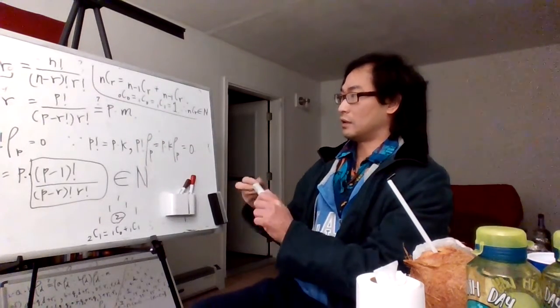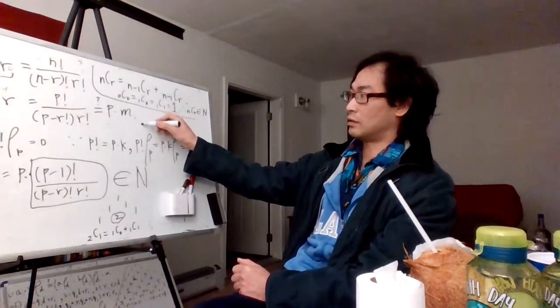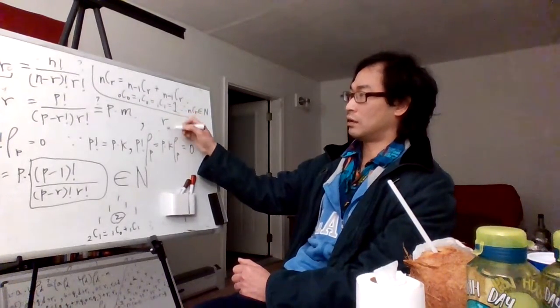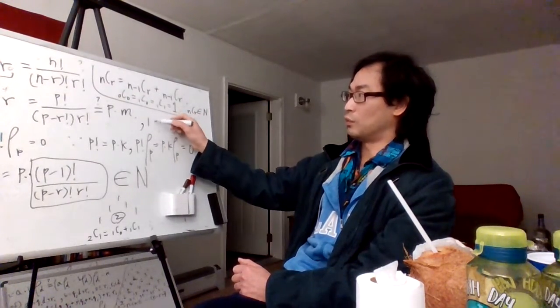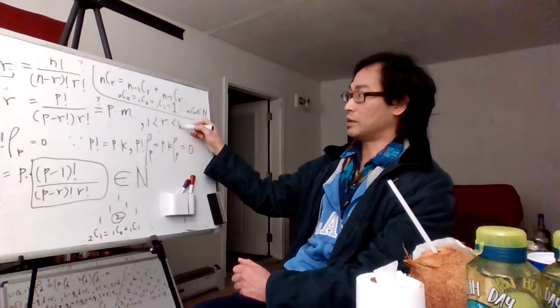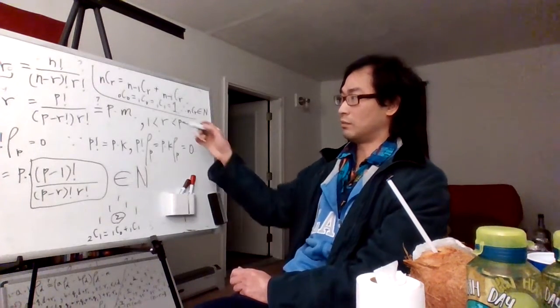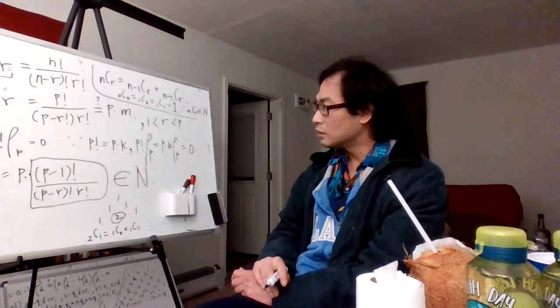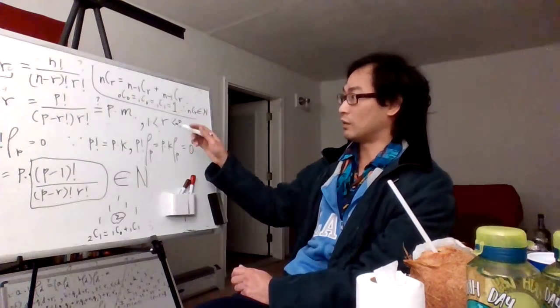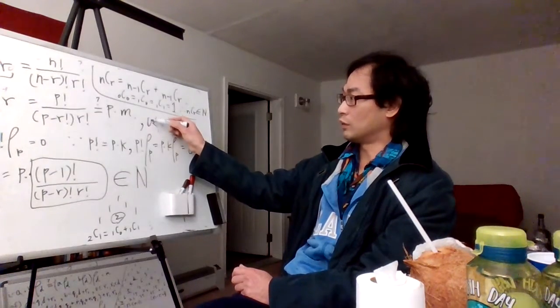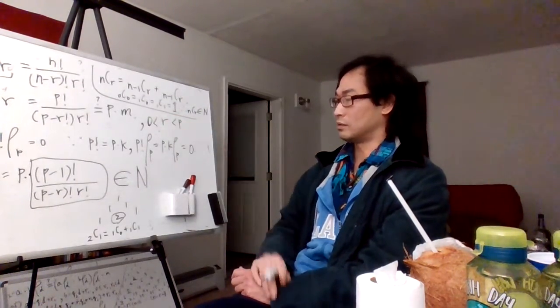So there should be some condition here. r is more than 0 and less than p, since the index starts from 0. So r could be 1.